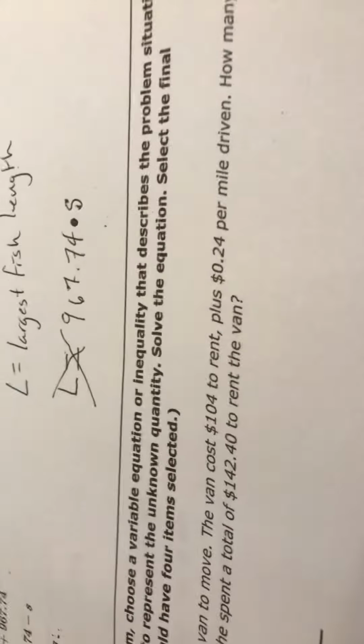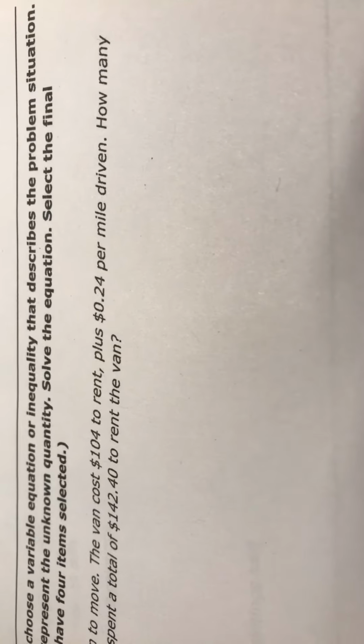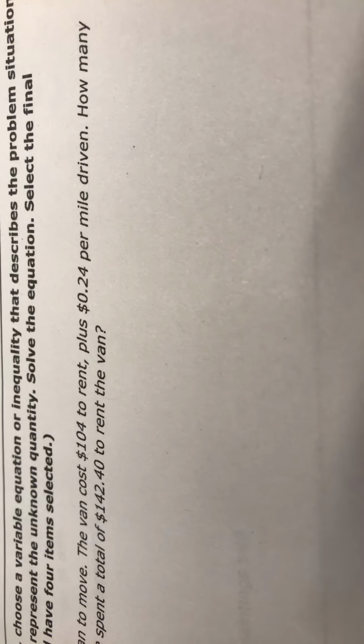So that's going to give you an idea of how to read the words. All right, this next one kind of goes to the next step. All right? So, Dave, whatever, needed to rent a van to move. Okay? That sentence has nothing that we care about in math, so we're just going to move on. The next sentence. The van cost $104 to rent.